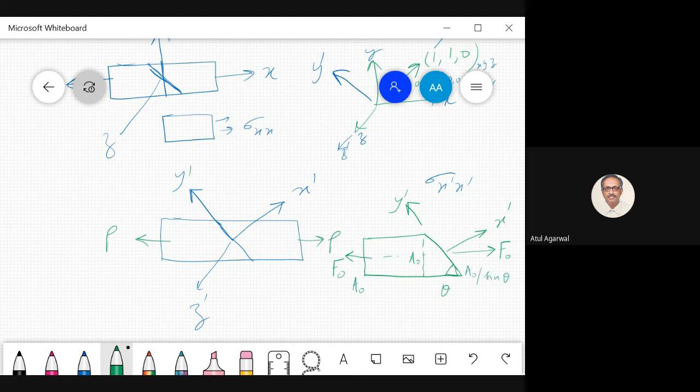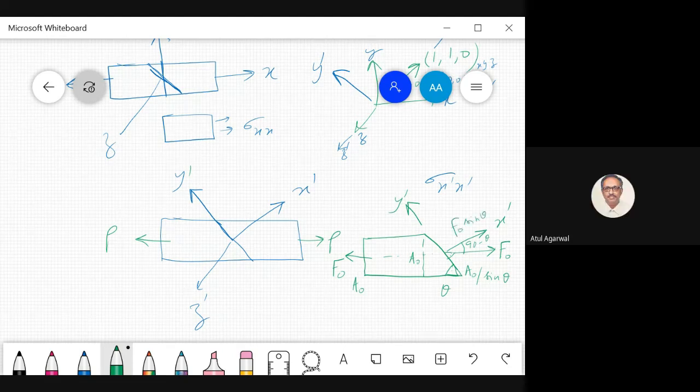If this angle is theta, so this is theta, and this is 90 minus theta. So what is the component of F naught along the x prime direction, Kevalish? F naught sine theta. Very good.